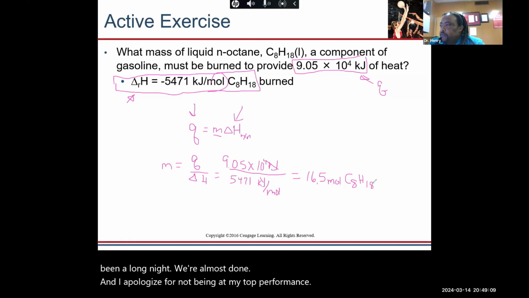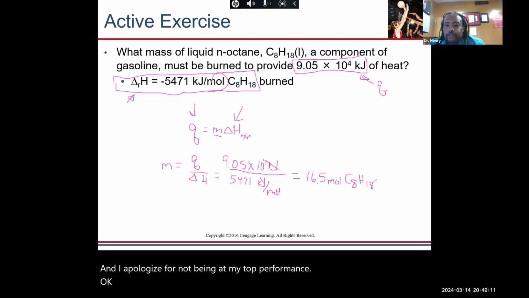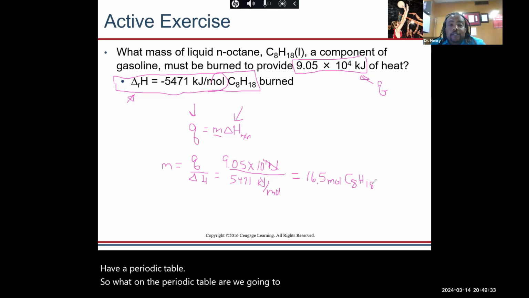Okay, so what do you think we're going to use to get to mass? Let me give you a hint. You may have a periodic table. So what on the periodic table are we going to use to get to the mass?